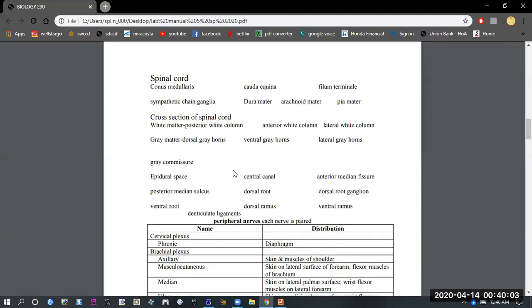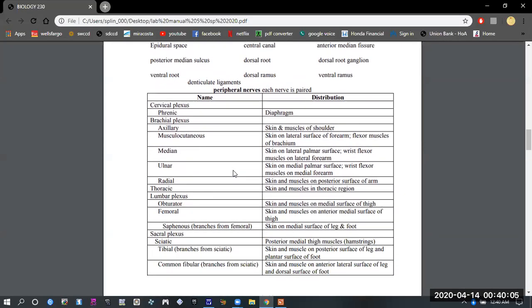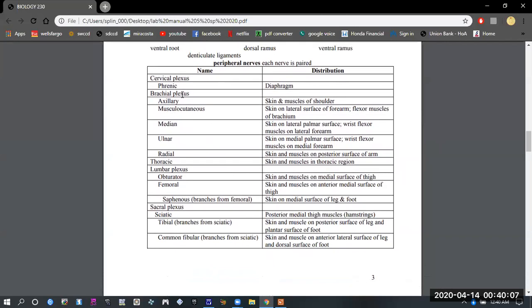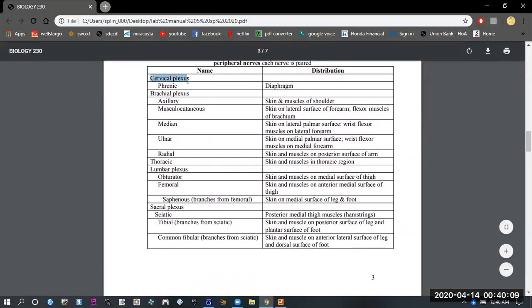And the final part for this lab, we have a chart here where we have the names of plexuses and then the various nerves that branch from each plexus. We also have the distribution, a description of where that nerve travels to.